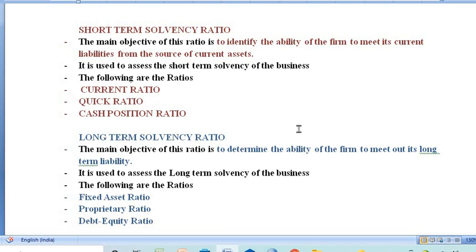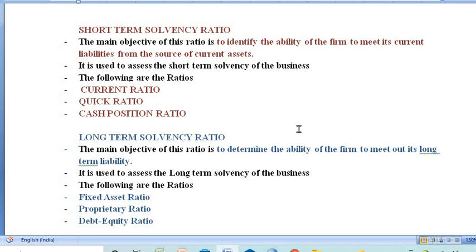This ratio is used to assess the short-term solvency of the business. That means whether the business can continue without stoppage in the production or the process. Under short-term solvency ratio, we have three ratios: number 1 current ratio, number 2 quick ratio, and number 3 cash position ratio.